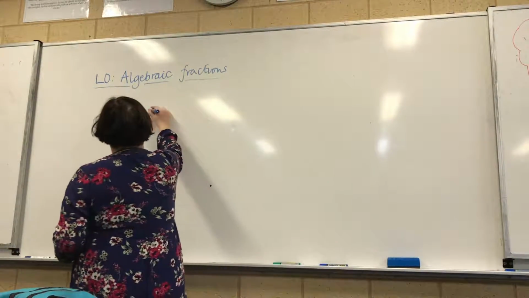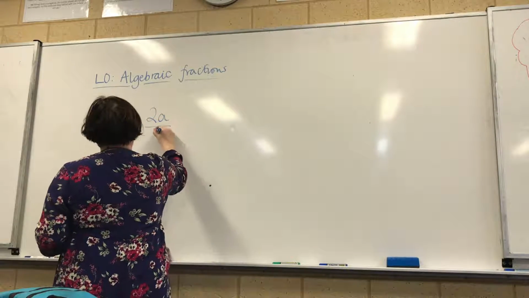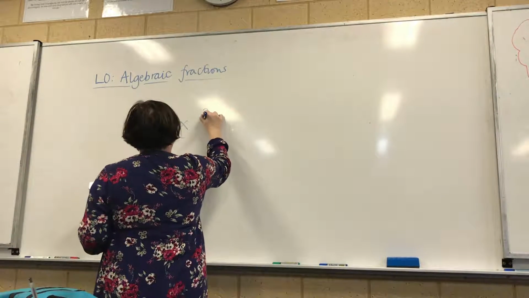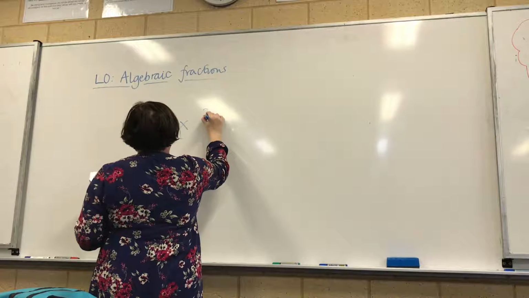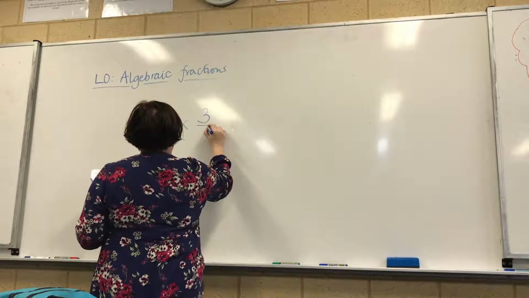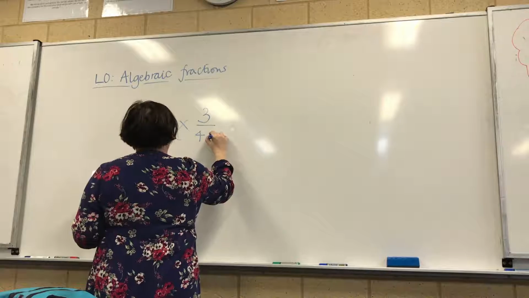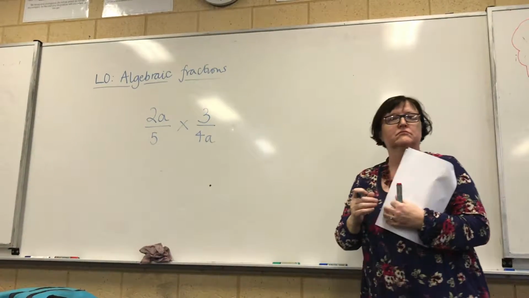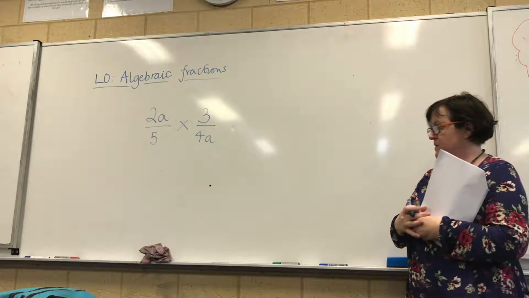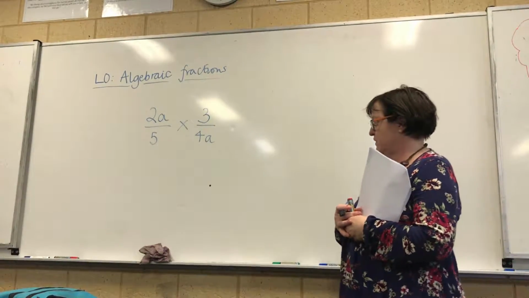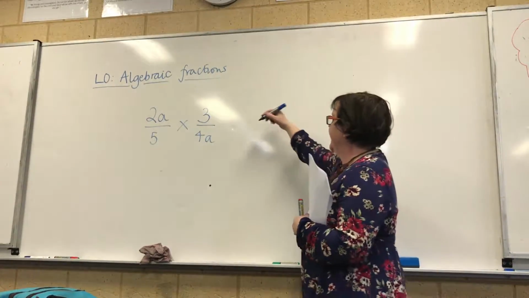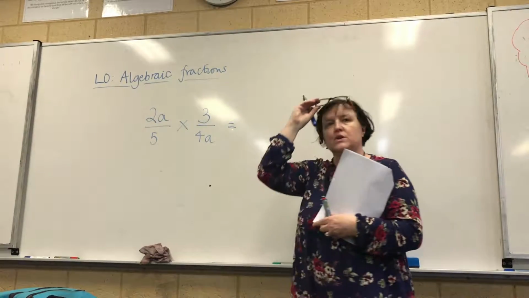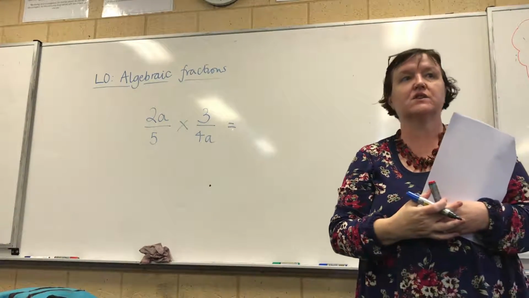We'll have something like 2a over 5 multiplied by 3 over 4a. So 2a over 5 multiplied by 3 over 4a. Now, what's the rule for multiplying fractions?